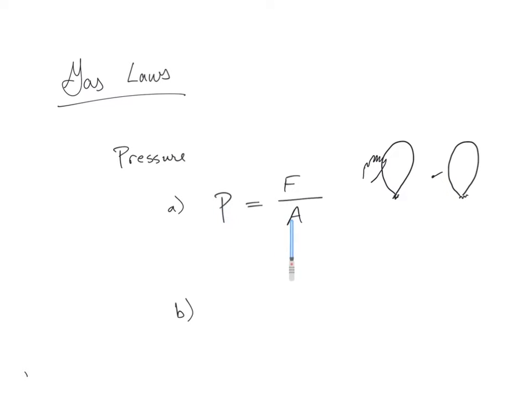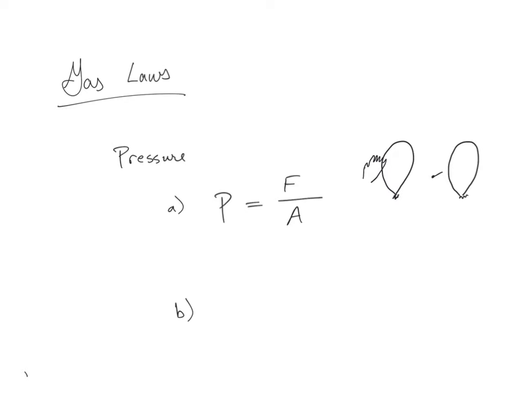By decreasing the area using a pin, you really increase the amount of pressure exerted on the balloon, and that's what allows a pin to pop a balloon much more easily than pushing on it with your hand. So if you were in physics, this is the mathematical equation for pressure.